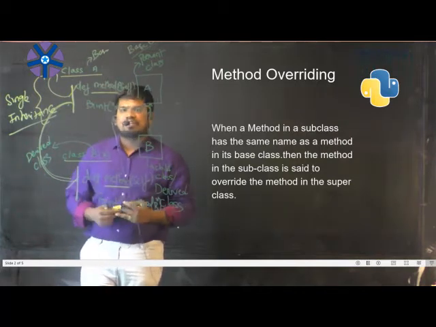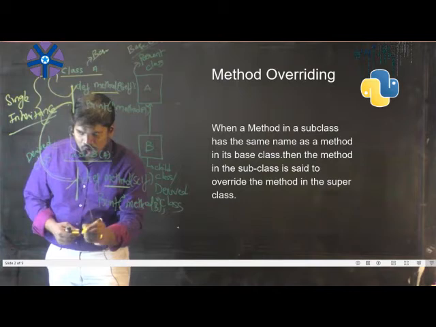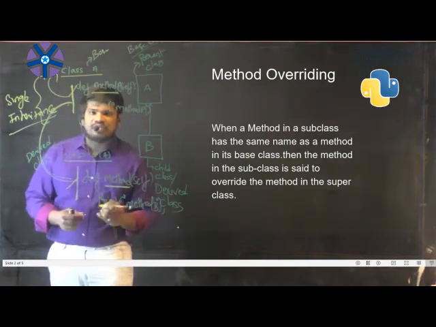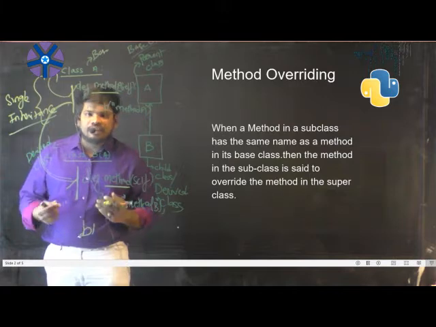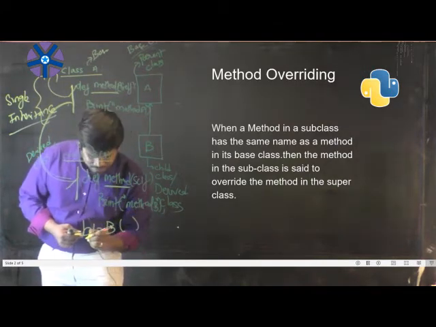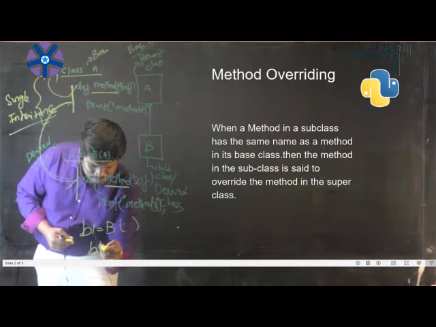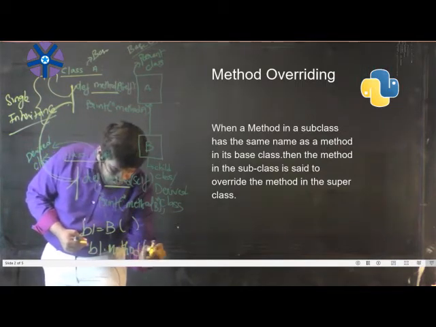Next I have to create an object for this. Obviously we have to create an object of the child class. So I have taken one variable, b1 is equal to B, and then b1 dot method.